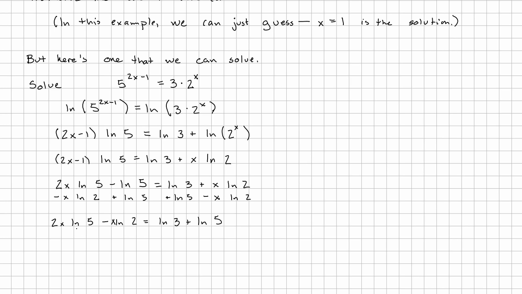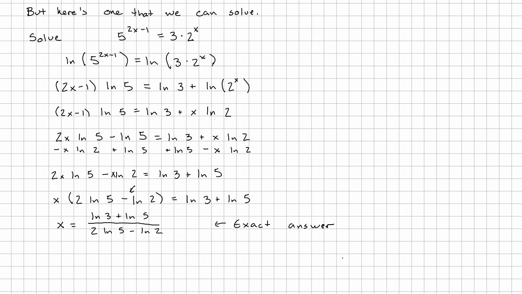Now on the left, we're really combining like terms, but we can think of that as factoring out an x if we prefer. And finally, we'll divide both sides by this thing. So this is the exact answer.